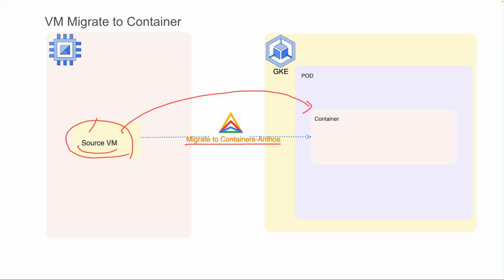So now let me go to the next steps, how it will follow the process to migrate the source VM, and what the prerequisites are, all these things I will discuss.